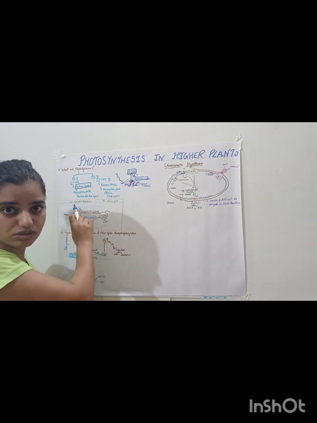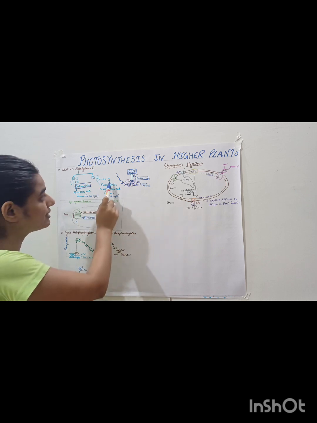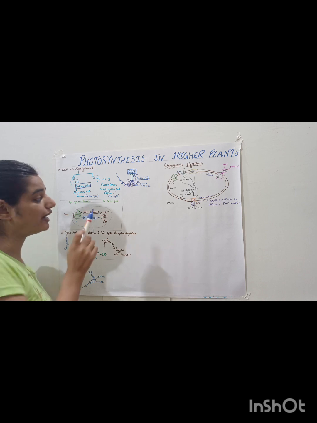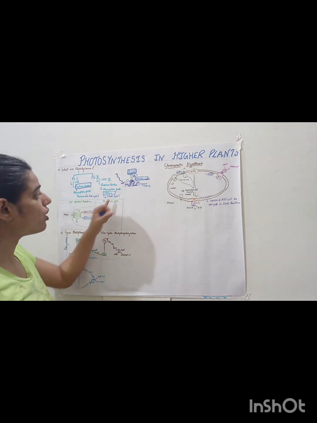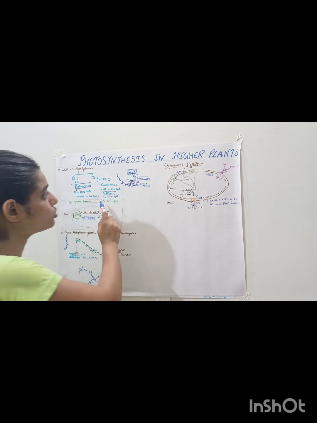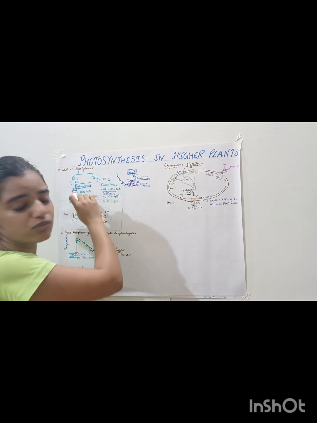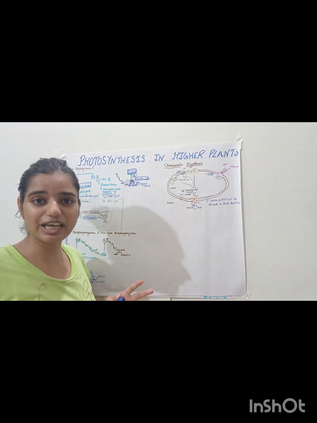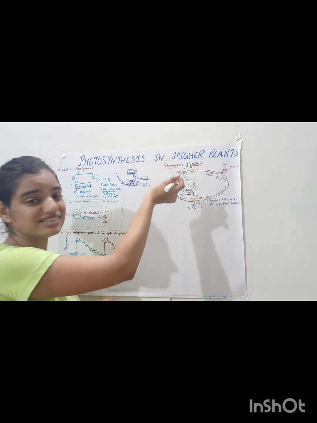Same as photosystem 1, we have the light harvesting complex and the reaction center, which will absorb light of 680 nanometer, that is in the range of red light. So the reaction center of photosystem second is also a special chlorophyll A molecule, which will transfer the electron to the acceptor.